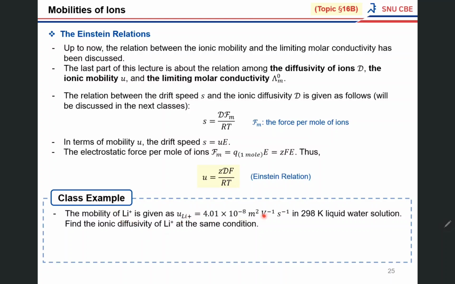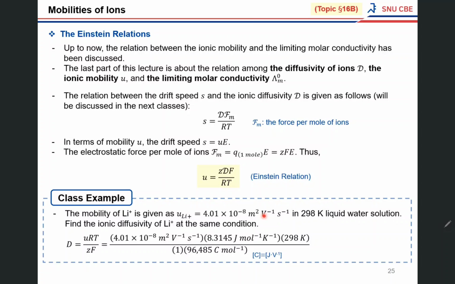If you use the Einstein relation, we can simply find the ionic diffusivity by putting in all the parameters given here, and its value should be 1.03 multiplied by 10 to the minus 9 square meter per second. So the Einstein relation directly relates the ionic diffusivity with the ionic mobility.